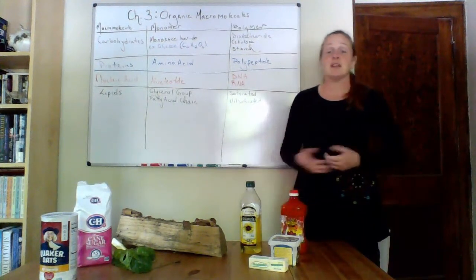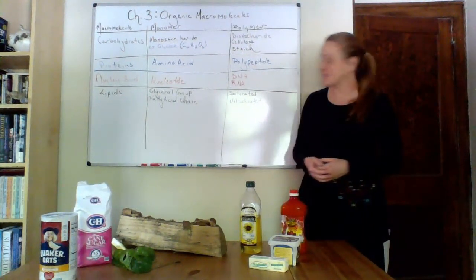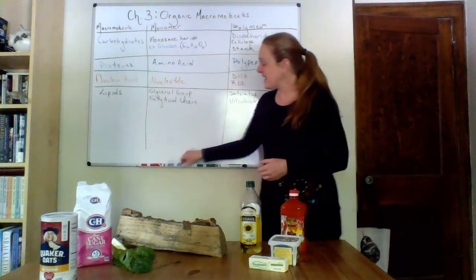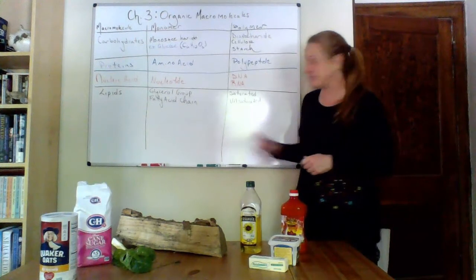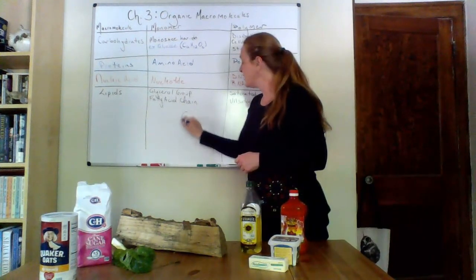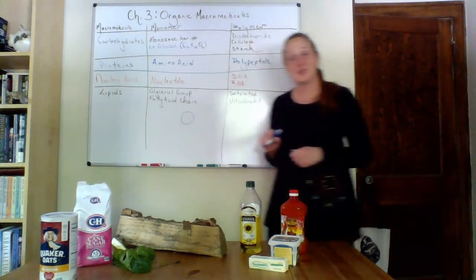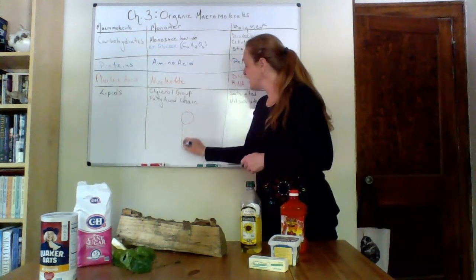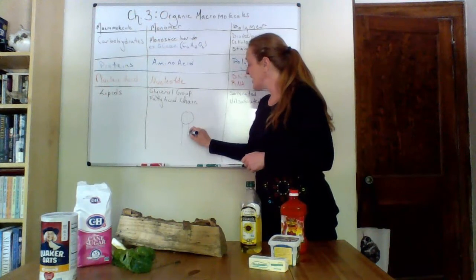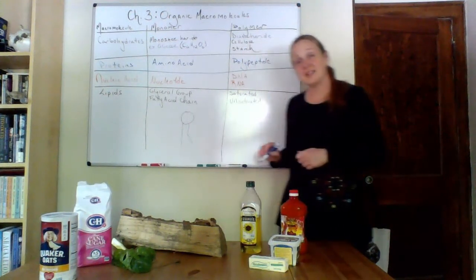Now, our final lipid that's going to be important is our phospholipid. Now, with our phospholipid, I'm going to draw it right under here so it's easy for you to see. We have that hydrophilic water-loving head, and we have two fatty acid chains, our hydrophobic tails.